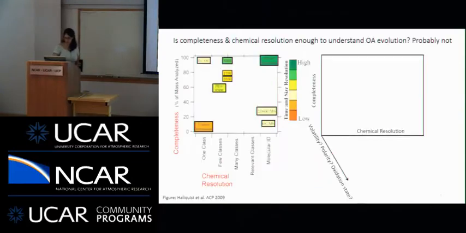So I did my postdoc with Jose Jimenez, and he used to love this figure. So I thought I would use it here. This is a figure that was published in a paper in ACP a few years ago, and the idea here is that if we think about measurements, we can think about these really on two axes. We can think about chemical resolution.